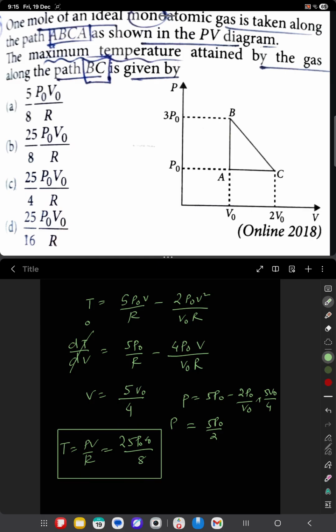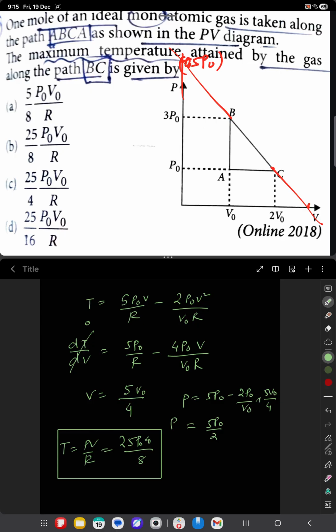In the tangent method, what you can do, just extend this one, get these 2 points. So this point would be 0, 5p naught.